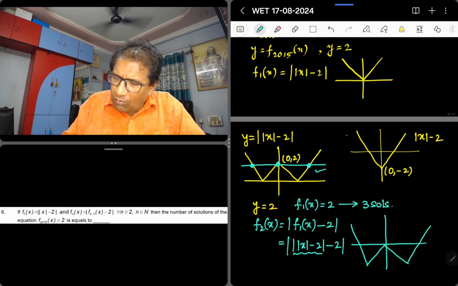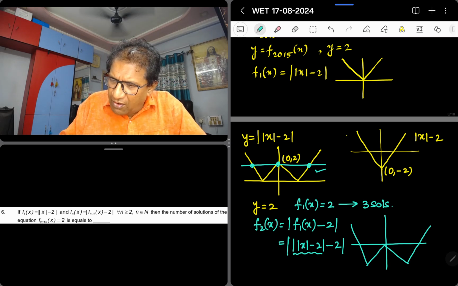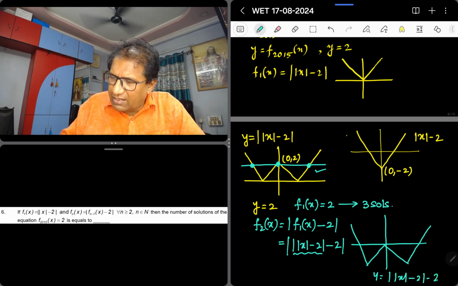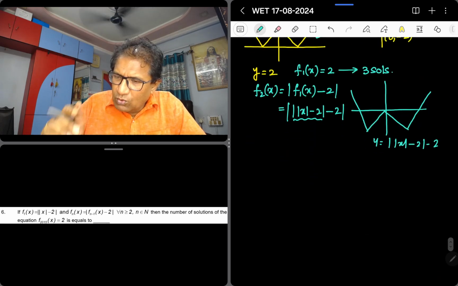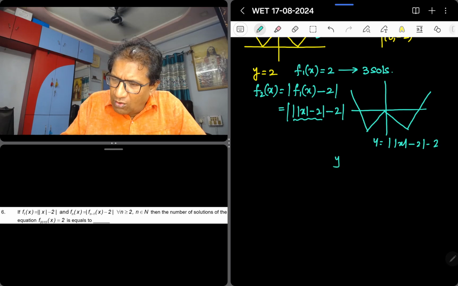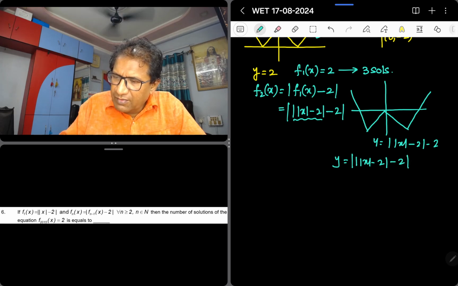Right? Now, this is the graph of y equals modulus of mod x minus 2 minus 2. Now, to draw f2x, we have to put a mod sign outside. So now the graph will look something like this.